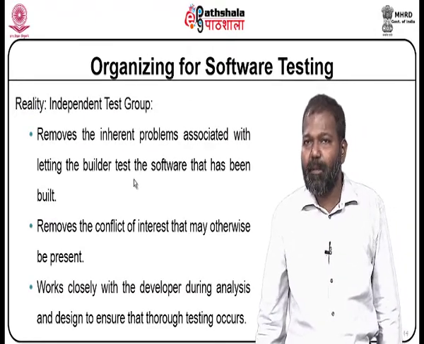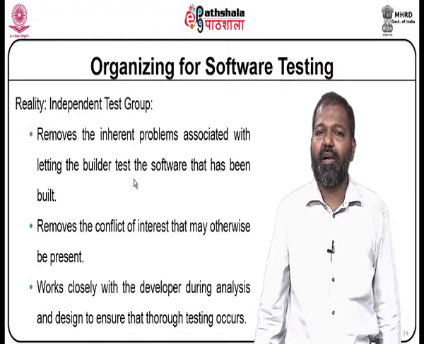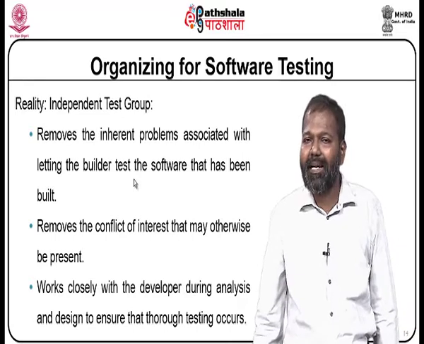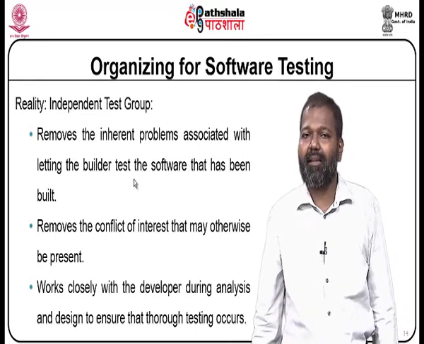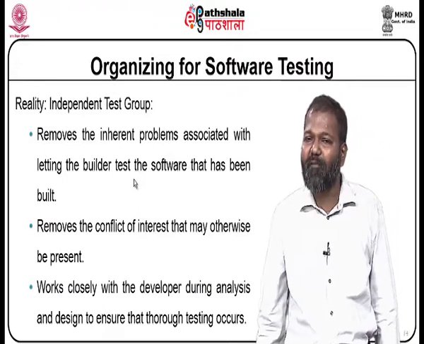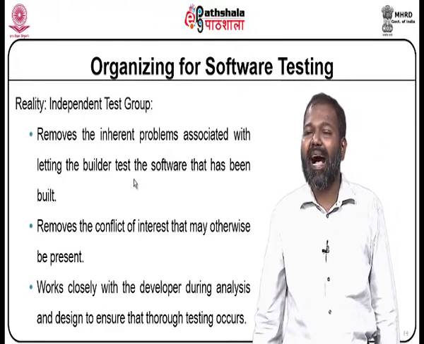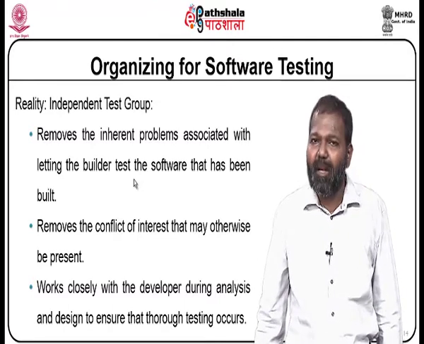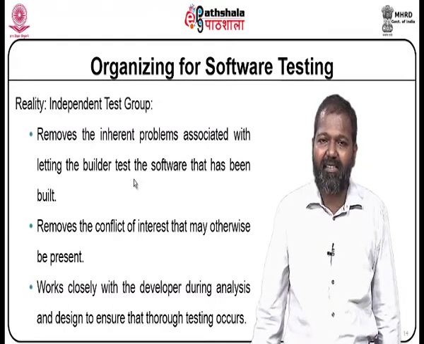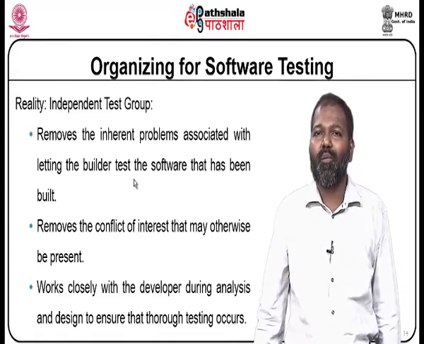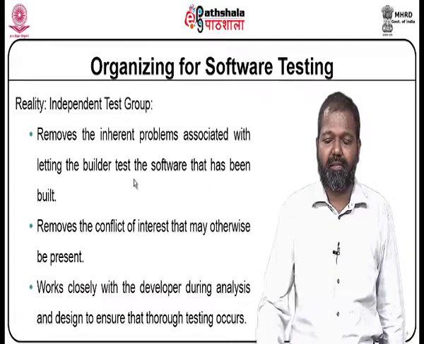Reality: an independent test group removes the inherent problems associated with letting the builder test the software that has been built, removes the conflict of interest that may otherwise be present, and works closely with the developer during analysis and design to ensure that thorough testing occurs.